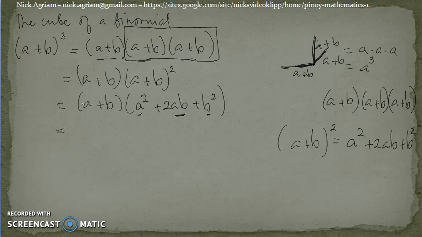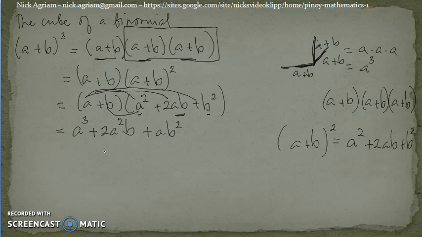Then I will multiply now the first term with the first term. Then I have a raised to the power of 3, or the cube of a. And then the first term of the first parenthesis with the second term of the second parenthesis, we have 2a squared b. And then the third term, we have ab squared.